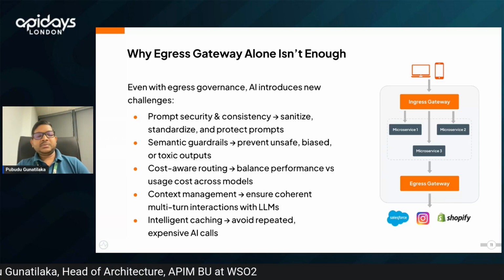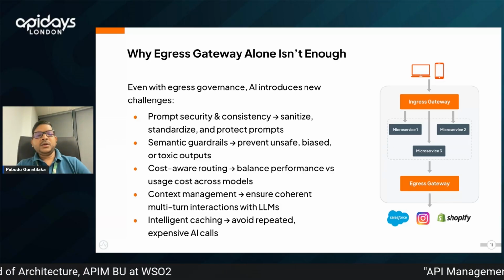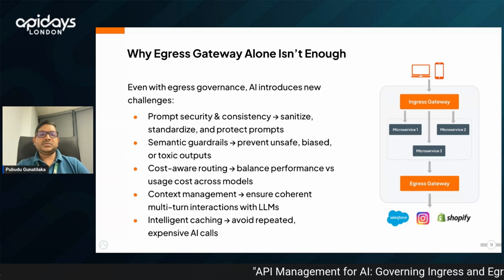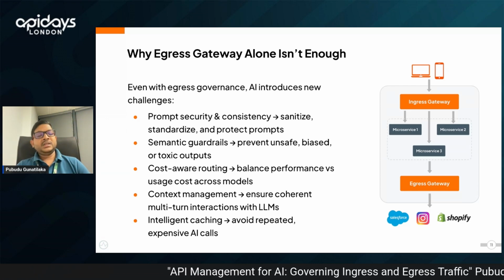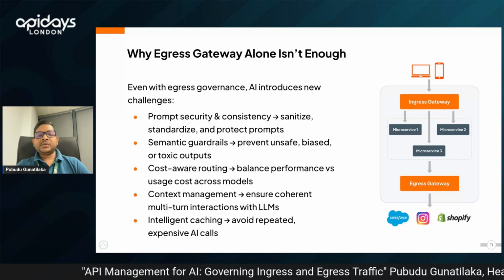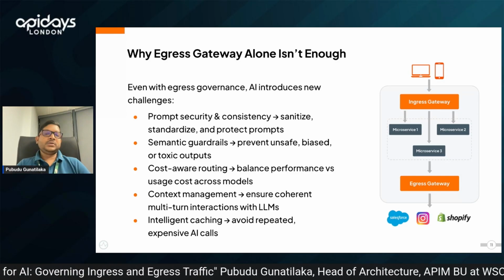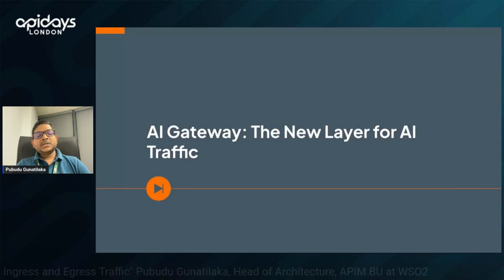Now, from the context management point of view, we have to make sure you handle multiple interactions with different LLMs based on the use cases. Then you can also help with caching, where you can avoid repeated expensive AI calls. So this is the layer that we have to bring on top of what we have.